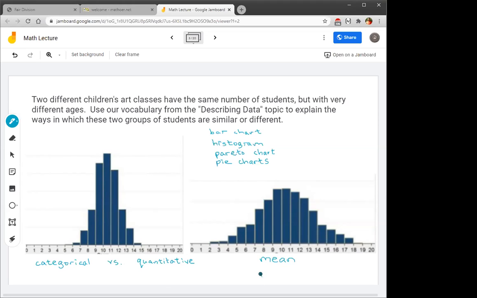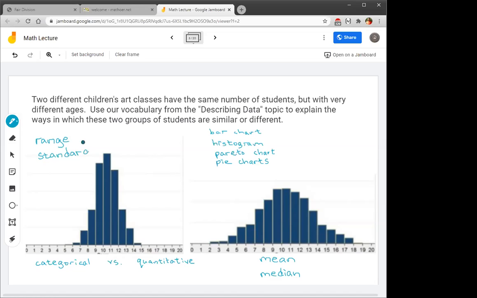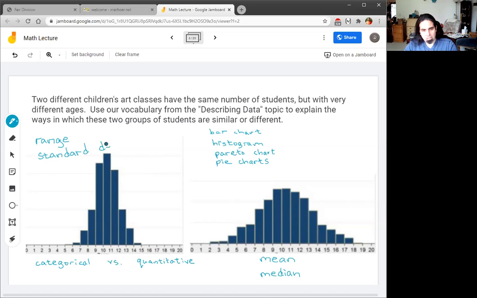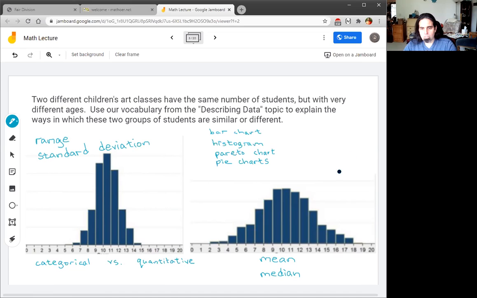So we had mean, median, range. Range was one kind of thing. Along with range went standard deviation. Those were both more about the spread than mean and median. Relative frequency was some good jargon.